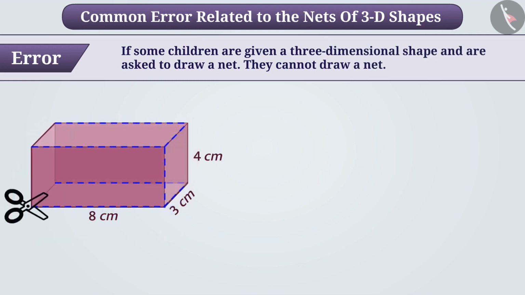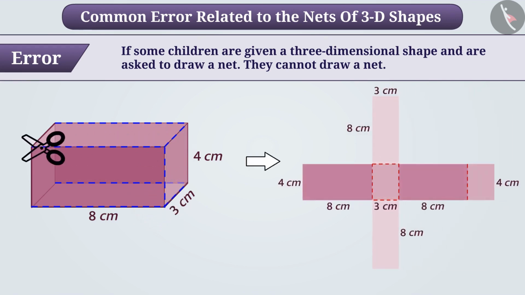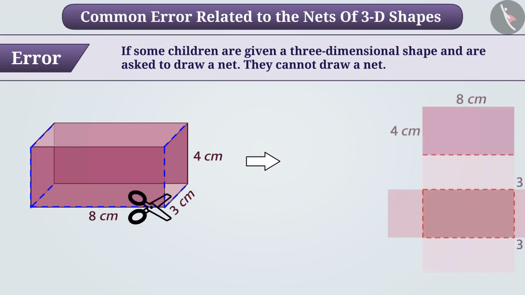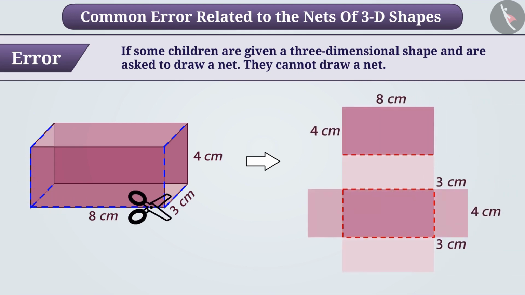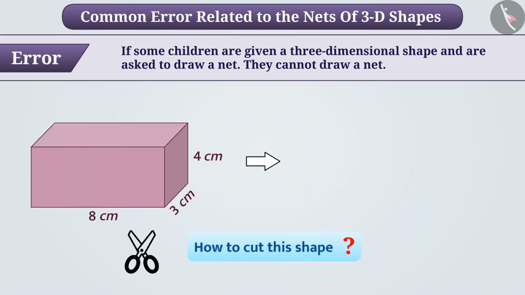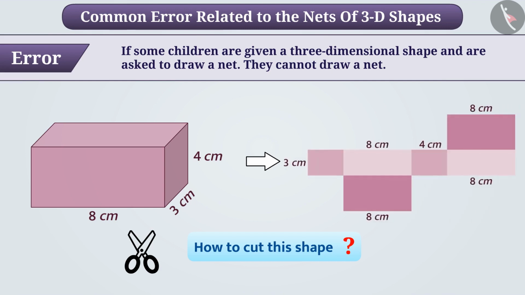If we cut the shape along the lines shown, we will get this type of net. Similarly, we cut it along these edges. Then we will get this type of net. Now, think yourself how to cut this shape so that we will get this kind of net.